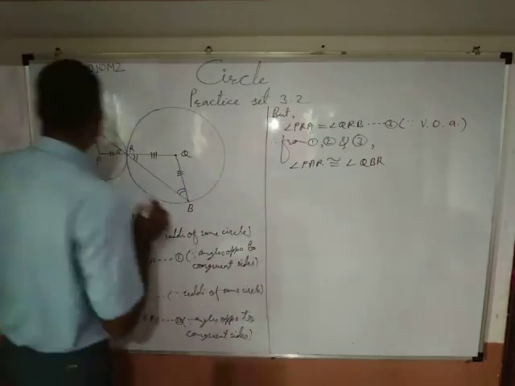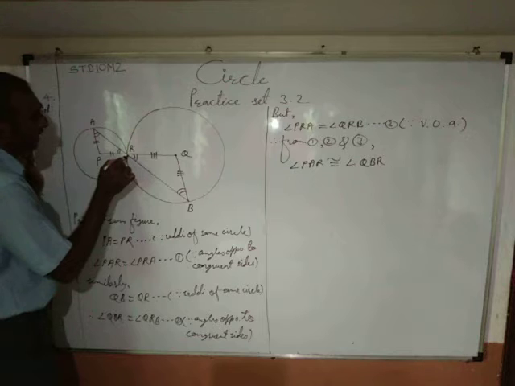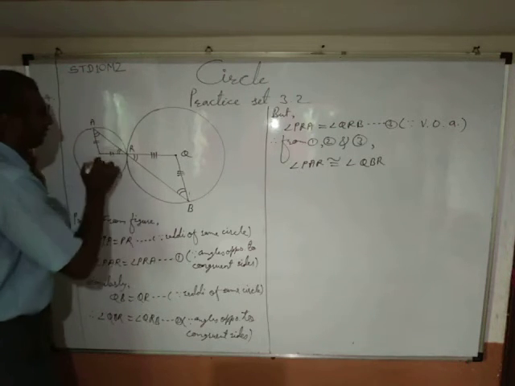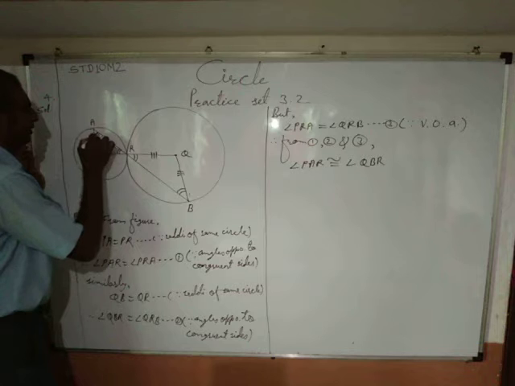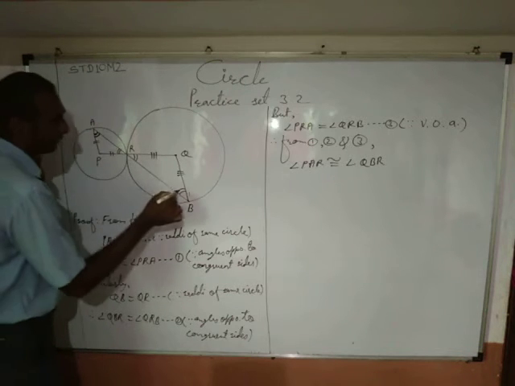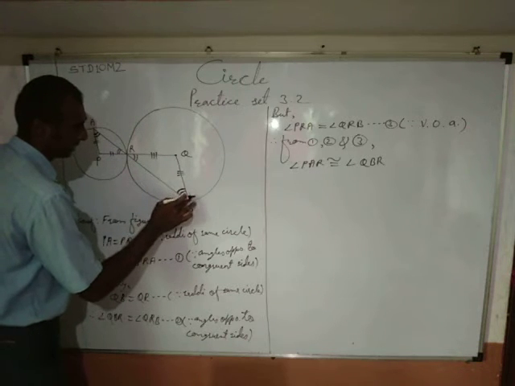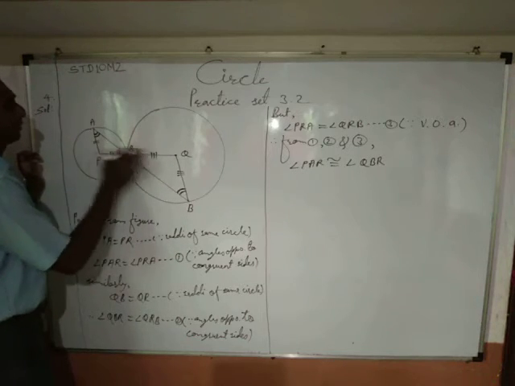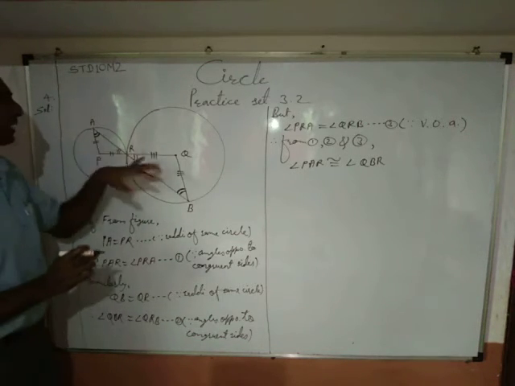But here you may note angle PAR and angle QBR are a pair of alternate angles. And if alternate angles are congruent, then we know that lines are parallel.